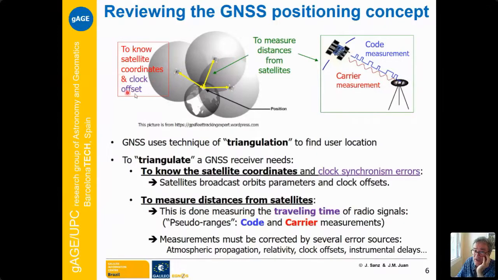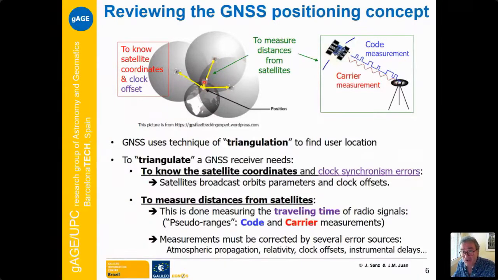Also, we have to know the satellite clock offset. This is because, among the satellite location, we have to know the radius of these spheres. Let's say the ranging, the distance between satellites and receiver, the apparent distance.